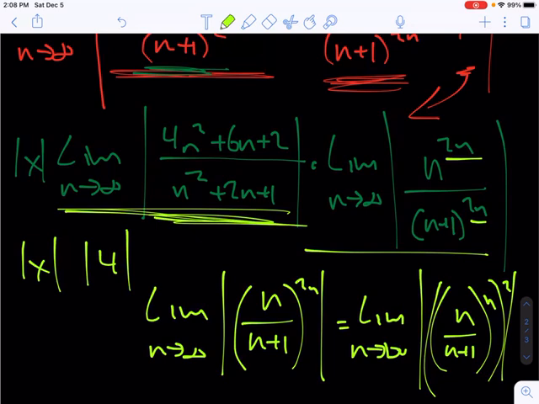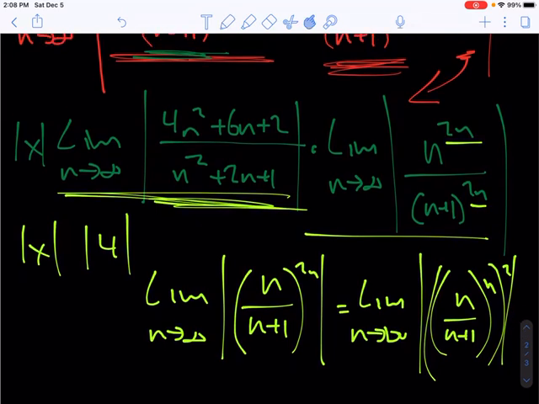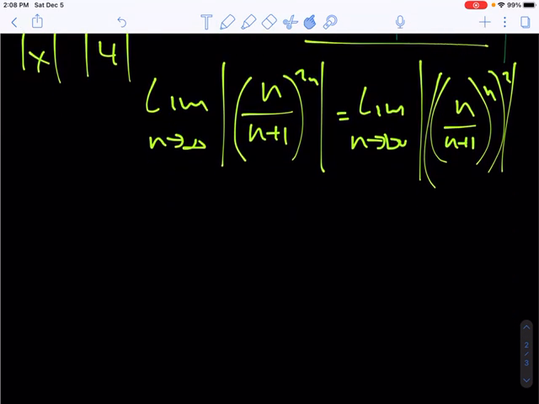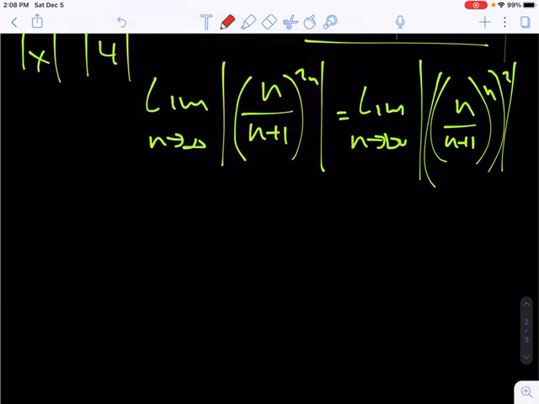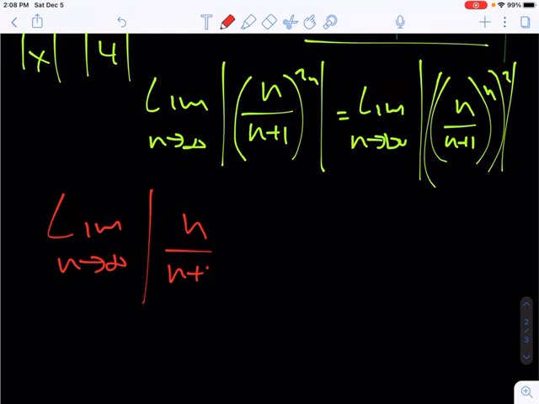Now the reason I want to break that apart like that is because the part that is now n over n plus 1 raised to the nth power, let's go back to red, the limit as n approaches infinity of n over n plus 1 raised to the nth power, that is all the reciprocal of e.